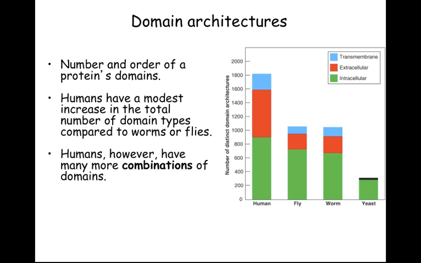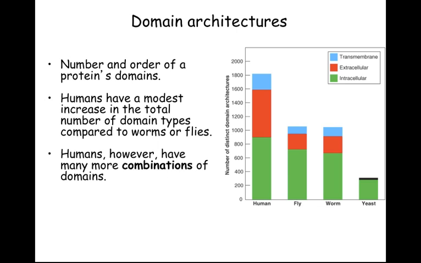Now, back to this concept about humans being the most sophisticated, most advanced organisms on the planet. If you want to make that argument, one of the ways that you can make it, since it does not seem to work out very well arguing that we have more genes than everything else does, the one thing we do seem to have more of is we seem to have more unique domain architectures.